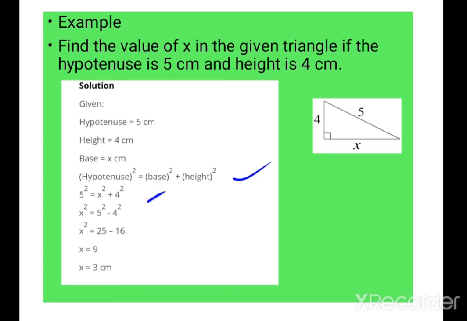Now the 4 square will go to the other side by the transposition method. Hence the square of 5 is 25 and the square of 4 is 16. We subtract them, and x square is equal to 9. So when we find x, it will be equal to 3 centimeter.